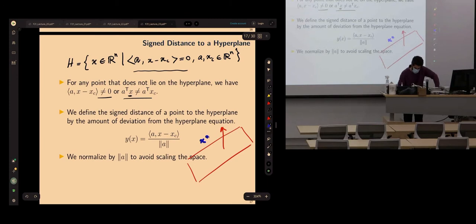Now, to know the distance, we need to talk about moving parallel to the plane normal, right? That's the direction that we get our distance, orthogonal to the hyperplane. This is y of x.